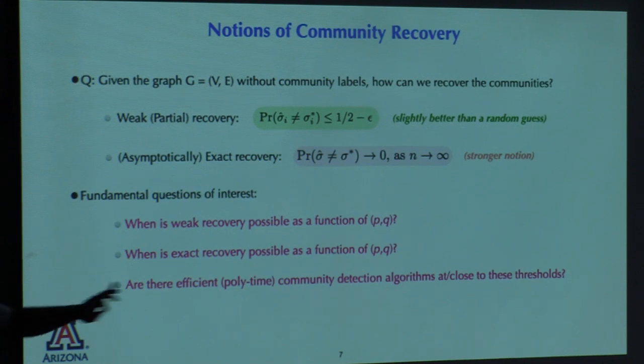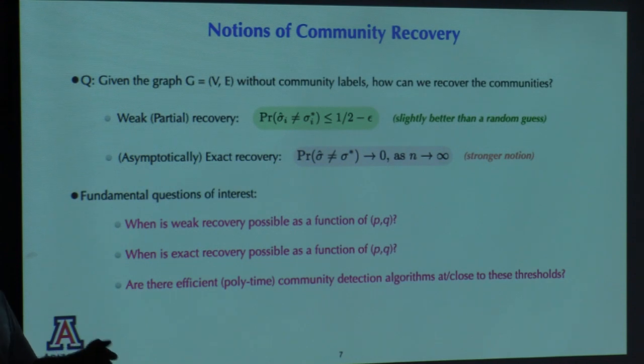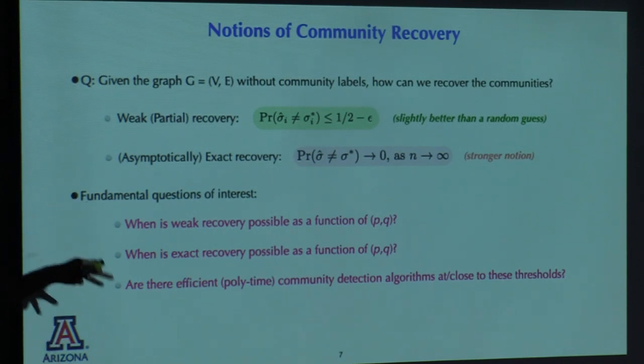But how large should p be compared to q? That's the core question people ask. What's the sort of phase transition? How large should p be in comparison to q so that you can really recover the underlying communities? You can ask the same question for either weak recovery or exact recovery. These are statistical questions, and then we ask the corresponding computational question.